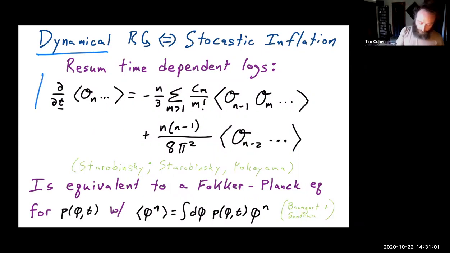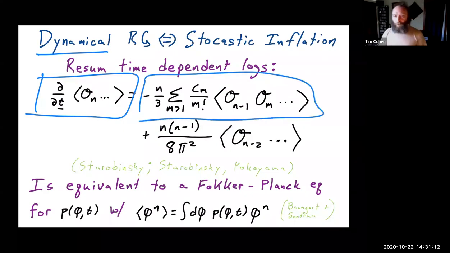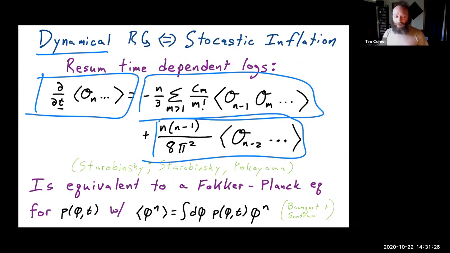We're going to take a time derivative of this composite operator, and we get two contributions. This one, the first term here, is from the equations of motion, right? So that's literally just applying the time derivative using the equations of motion, but appropriate for the composite operators. And this term is just what we calculated in the last slide. That's the quantum evolution, okay?